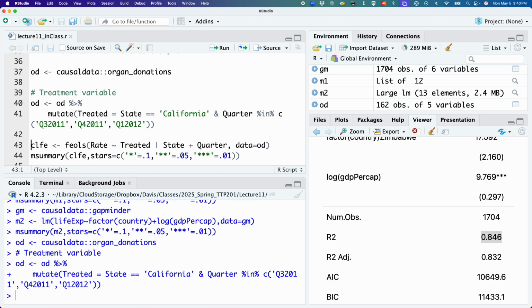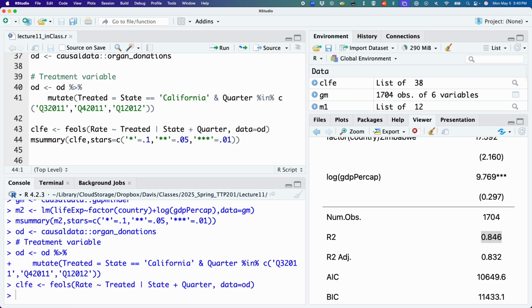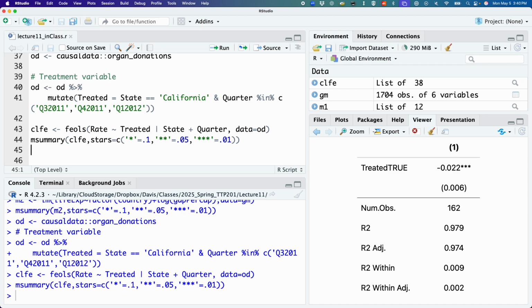And when I run this, the effect of the treatment is essentially telling me that organ donations decreased by 2.2% directly as a result of introducing active choice as the way you opt into becoming an organ donor in California.